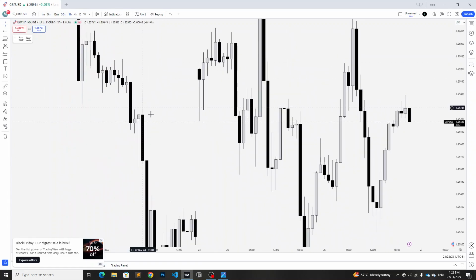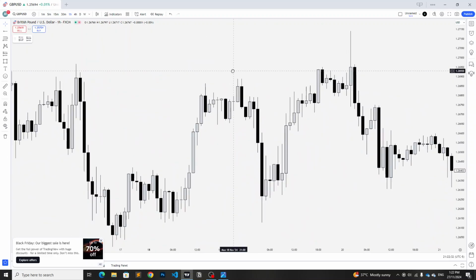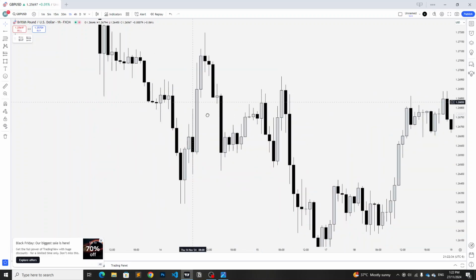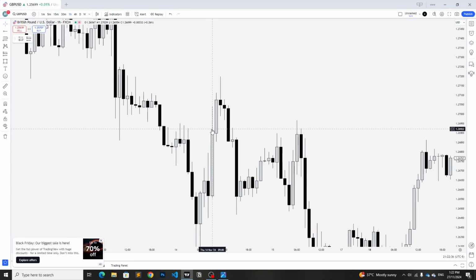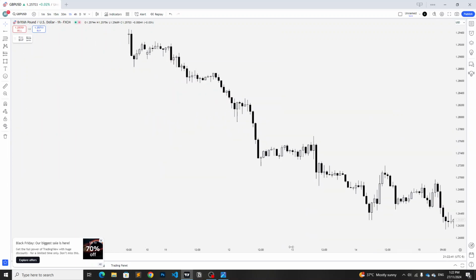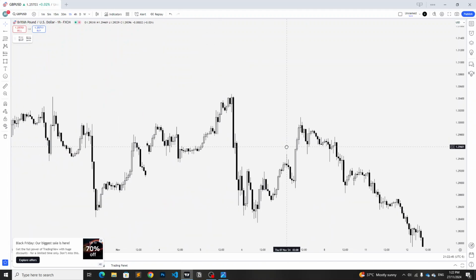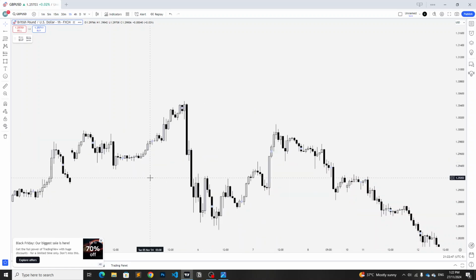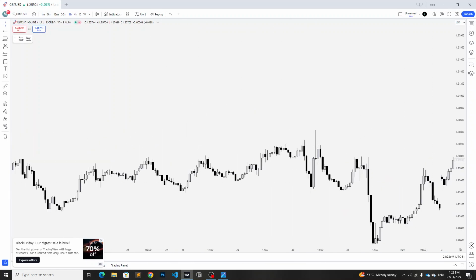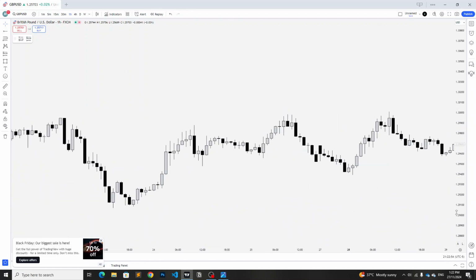Okay, so let's look at the bullish fair value gap. Alright, it's a perfect example.